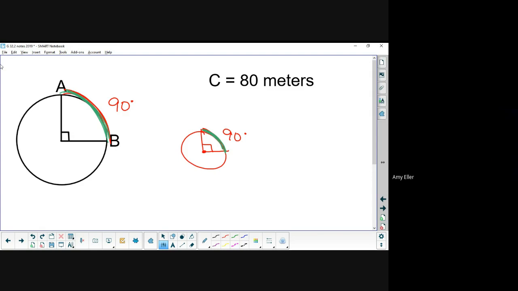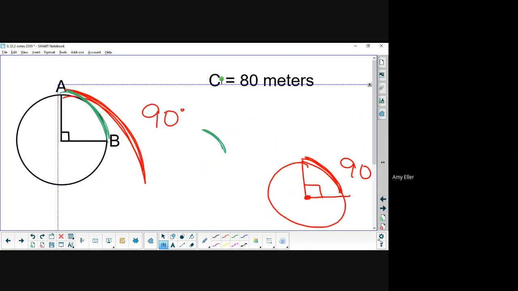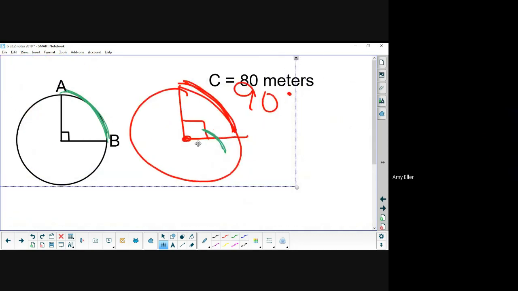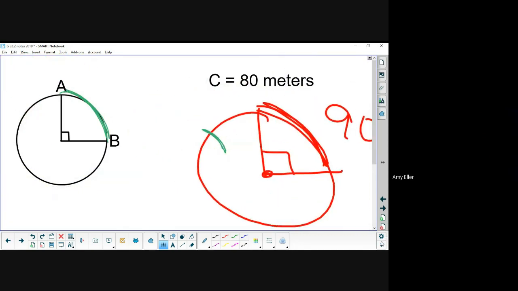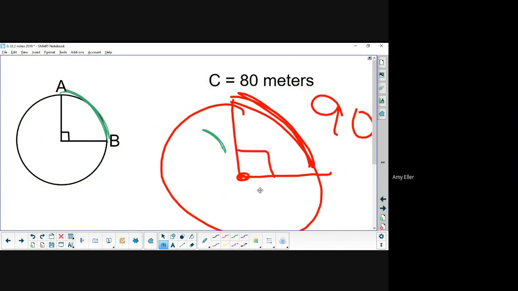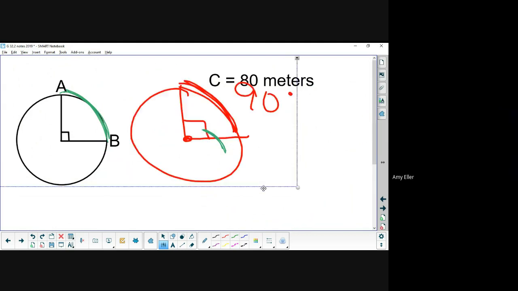Or if I do this, let's see if it'll work. Hard to make it even. Well, now they kind of look the same. See how large that arc is now? Even when I make it bigger, it's still 90 degrees, but the distance it covers is different. So that is what we're going to talk about today.